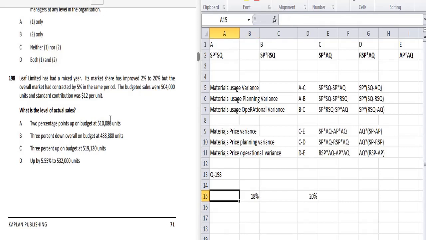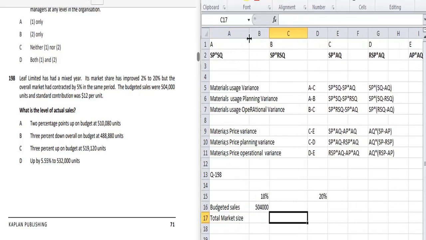The budgeted sales were 504,000. So suppose the total market size is x, and this budgeted sale is x into 18%, which gives us 504,000.